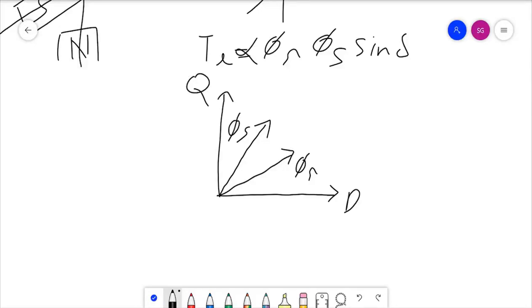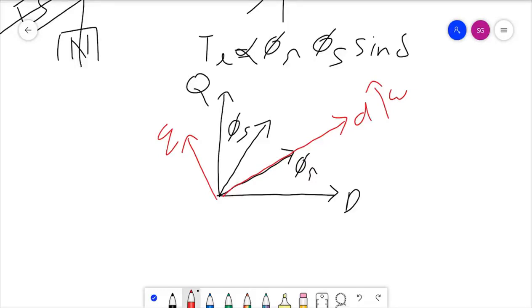Now, if I take the reference frame that coincides with the rotor flux, we can draw our d-axis here like this: small d-axis and small q-axis. This is the rotating axis. These axes are rotating at synchronous speed.